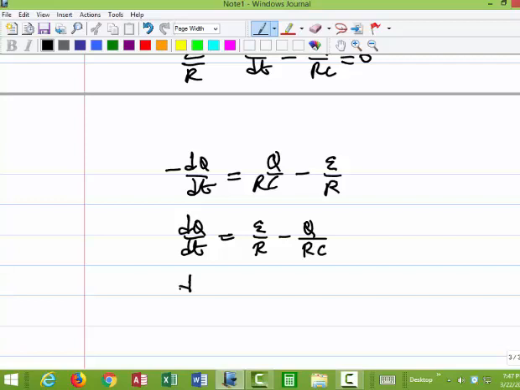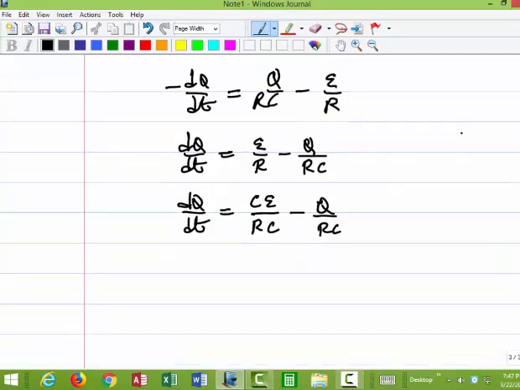So dQ/dt is equal to CE divided by RC minus Q over RC. So this should give us RC at the bottom, and then we shall have CE minus Q equals dQ/dt, like that.